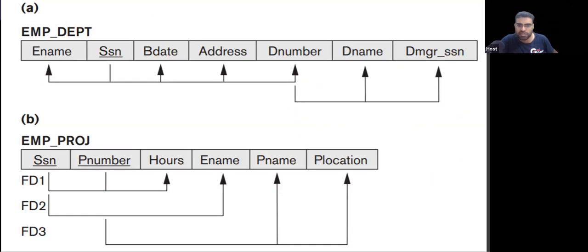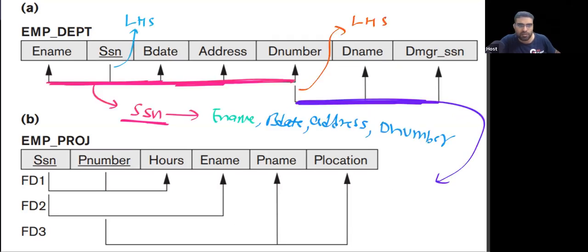So here I can say D number implies D name, comma, D manager name, D manager surname, SSN, D manager SSN. So this is the meaning.